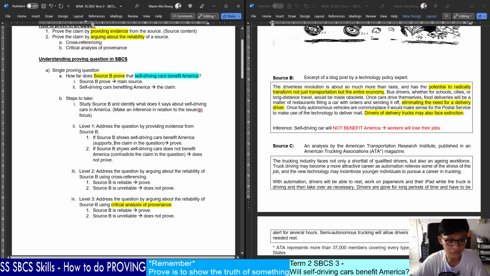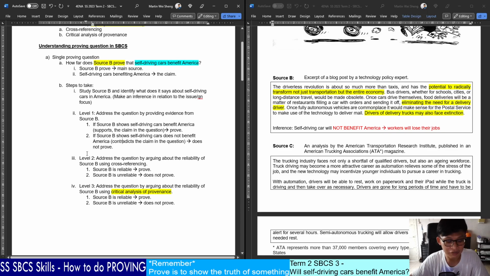Second level is where you get to score higher marks. You do your cross-referencing to examine the reliability of source B. Address the question by arguing about the reliability of source B using cross-referencing. If after we cross-reference we find that source B is reliable, then source B proves that self-driving cars benefit America.